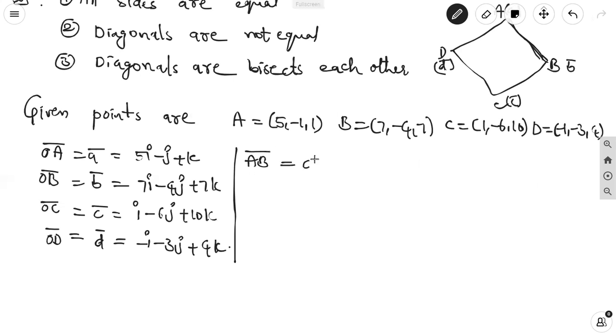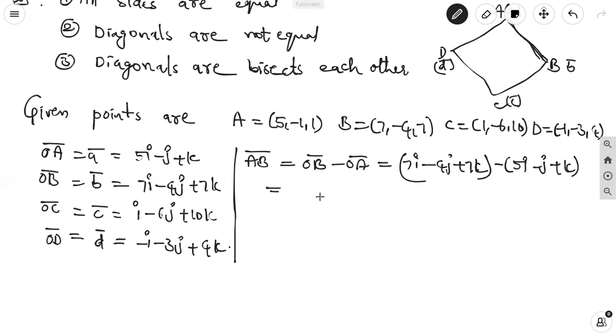AB vector means OB vector minus OA vector. It is equal to 7i minus 4j plus 7k minus (5i minus j plus k). Subtract one from the other: 7 minus 5 is 2i, minus 4 plus 1 is minus 3j, plus 7 minus 1 is 6k.